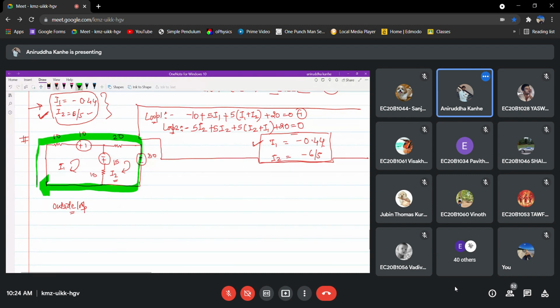Okay, so let us try to write down the loop equation in this case. Let us start from here. So plus 10 I1, plus 10. Now you are standing here and you want to move in this way. What is the current flowing in this 20 ohms?